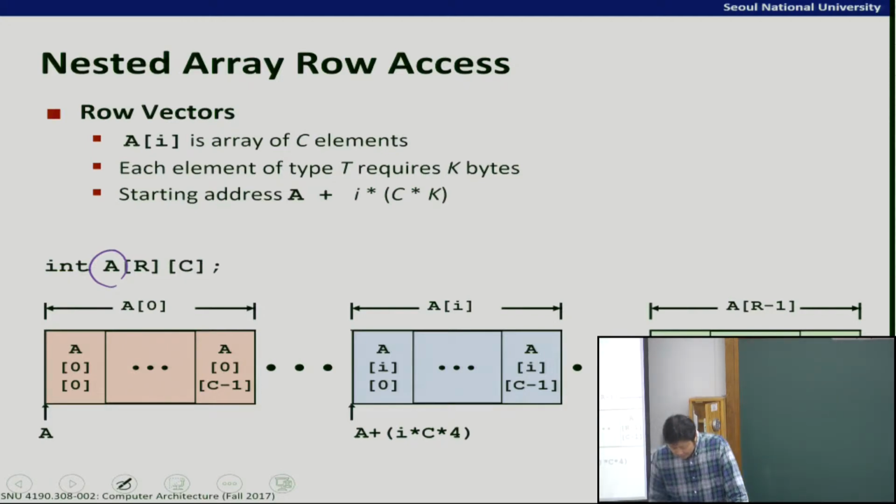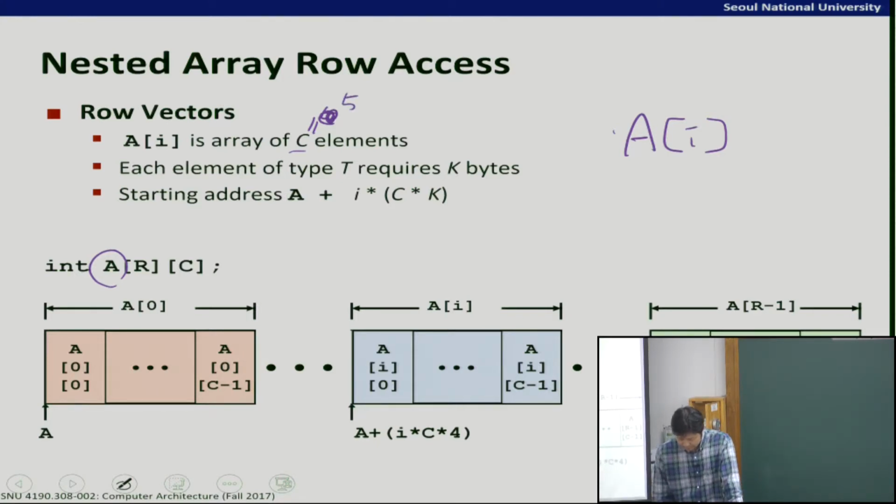And A of I, if you only have one index, A of I is an array of C elements. In this case, C is 5. So A of I is an array of 5 elements.